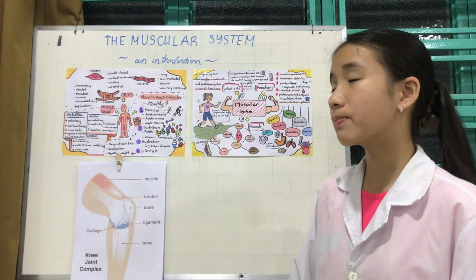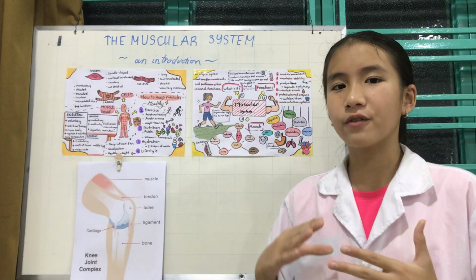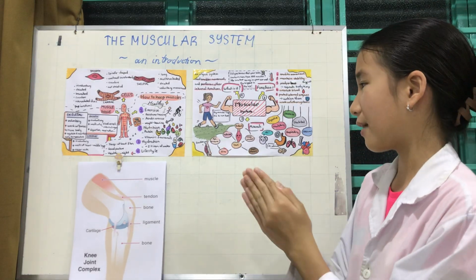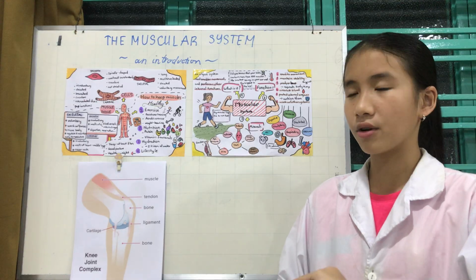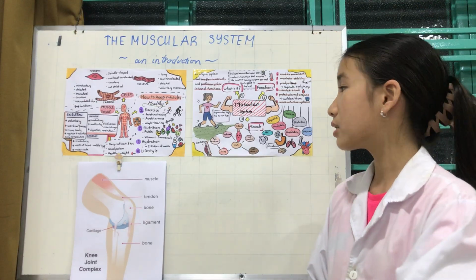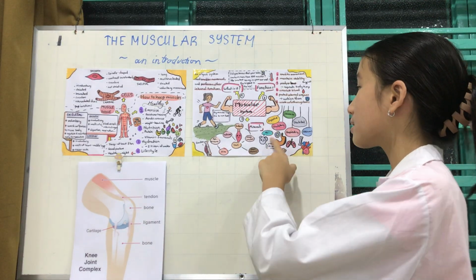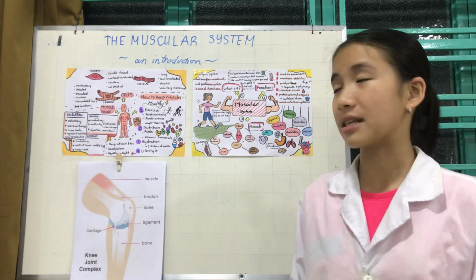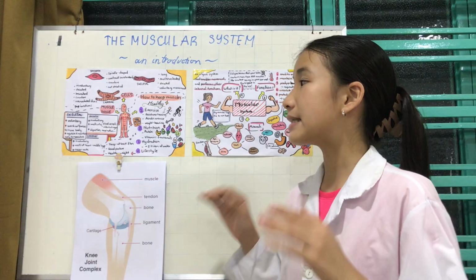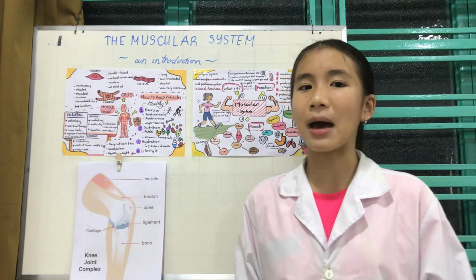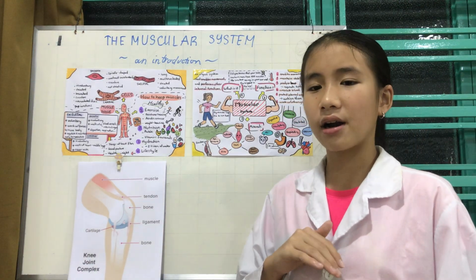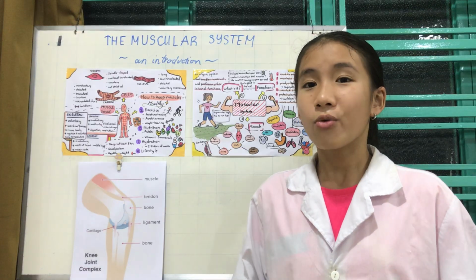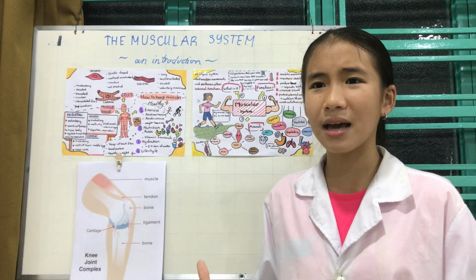Next is the smooth muscle tissue. Like I said before, it forms the middle layer of the outer walls of the digestive system, circulatory system, respiratory system, and other systems as well. So that is involuntary work. If you think about it, when we're digesting the food that we just ate, we can't think about it at all times.